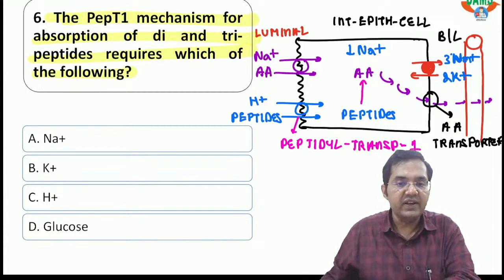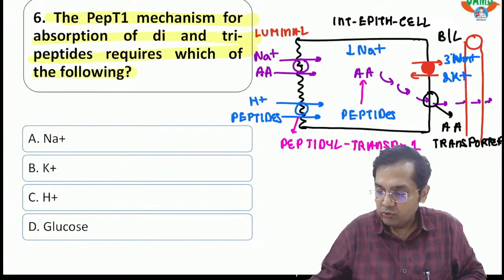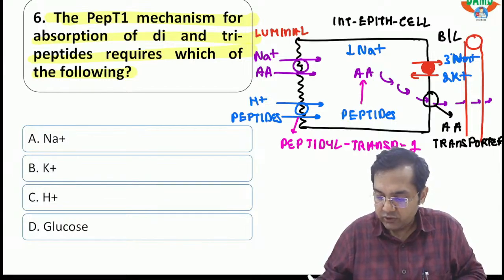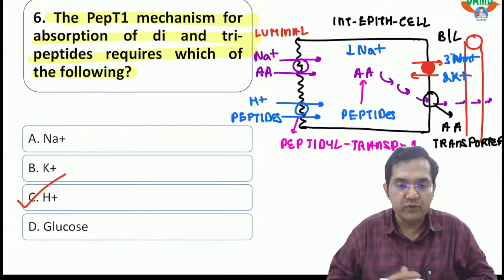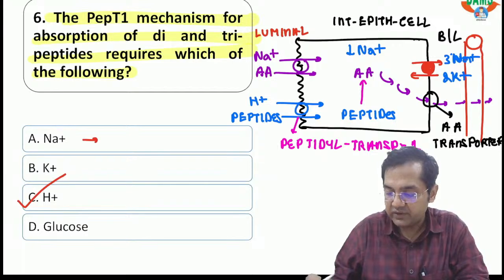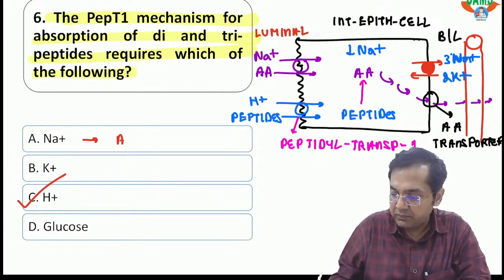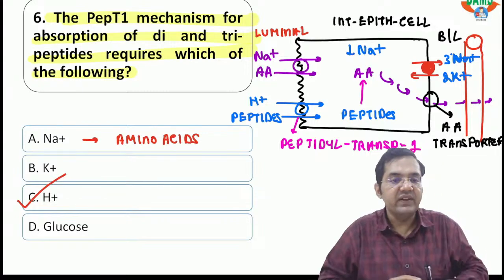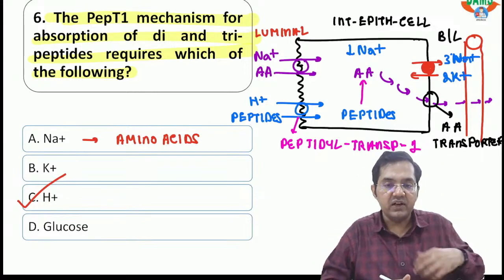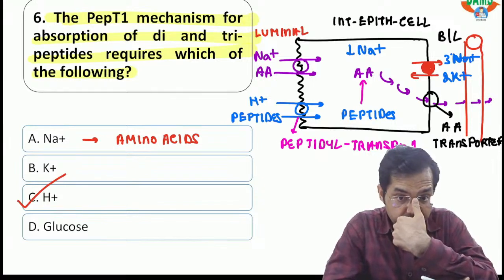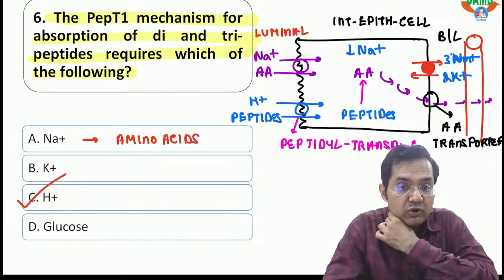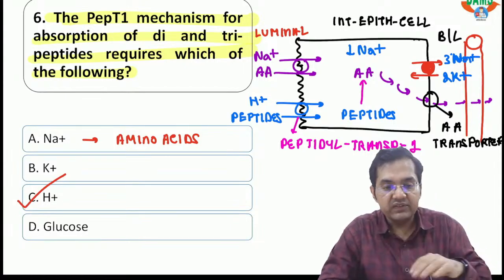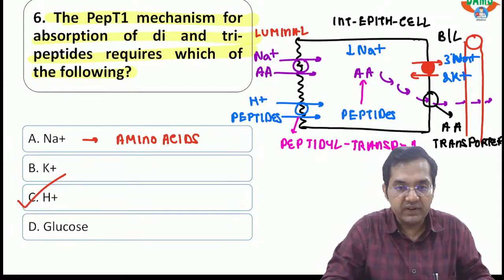So very important mechanism. So which ion is required? Now I think all of you will be able to tell me hydrogen, but if I ask you which ion is required for amino acids, then don't say hydrogen, the answer would be sodium. That means if I ask you which ion is required for the absorption of glutamine, histidine, serine, answer is always sodium.